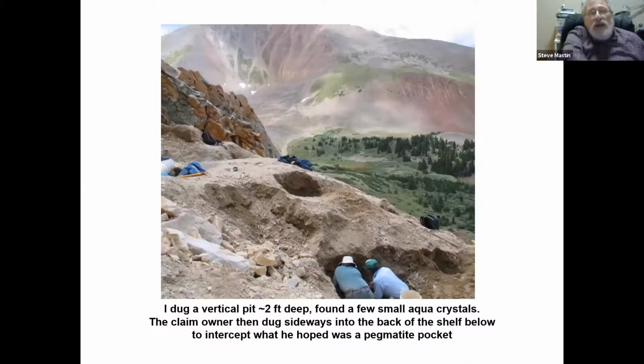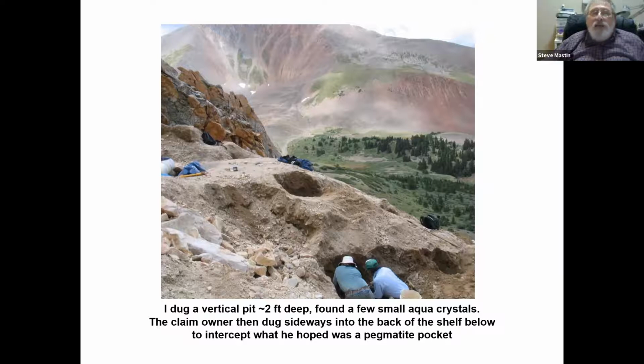And so here is the bottom of that cliff. And down here where John and the owner are lying down and looking at the cliff is where they thought there should be a pegmatite pocket, a little one. And so my job was to go up onto the top of this thing, and you can see this round hole over here. And so I spent hours digging a pit about 2 feet deep into this stuff. It looks like sand, but it's rock.